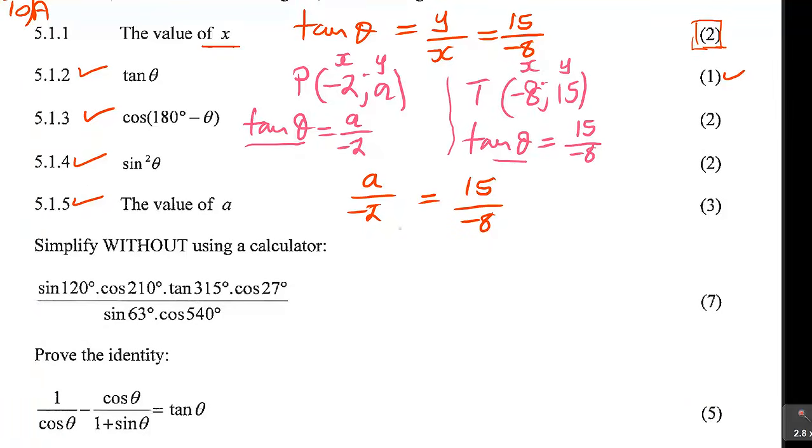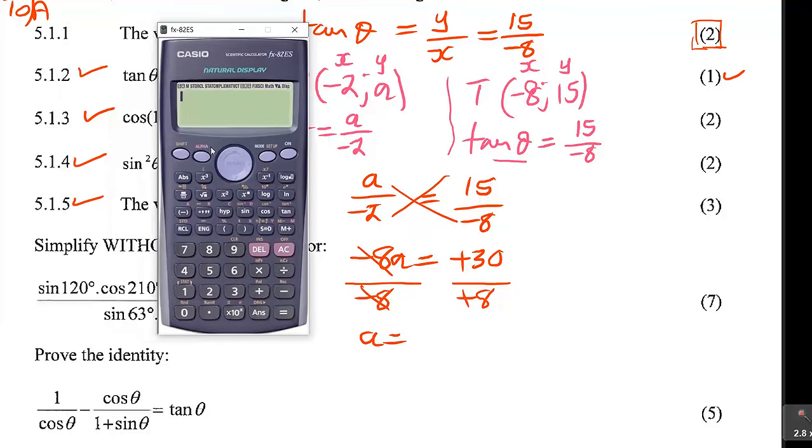So now when you do that, cross multiply like that, a times minus 8 is minus 8a is equal to minus 2 times 15, which is negative 30. Divide by negative 8 on both sides, so that you can get your a, so that you've got a is equal to, that cancels, and you can use a calculator to simplify.